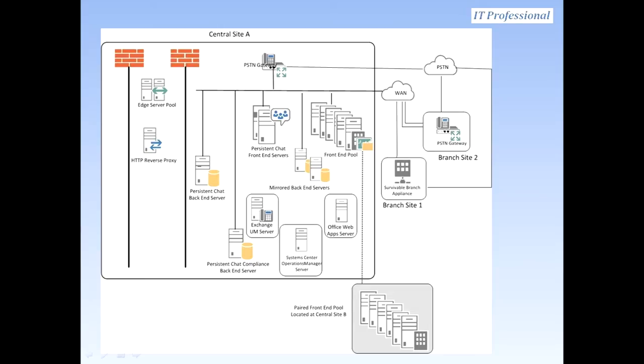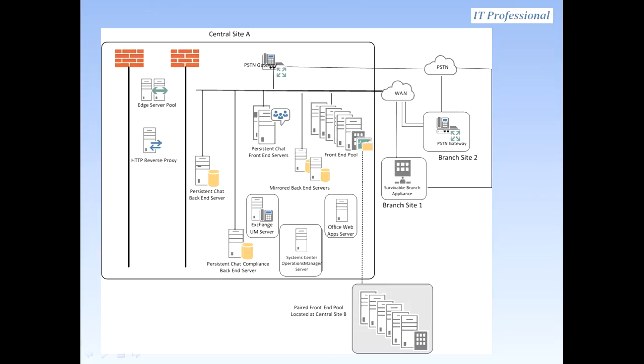You could deploy a single Office Web Apps server in one site which serves traffic from all sites, or deploy it in each site. Office Web Apps Server makes it possible for PowerPoint slides to be presented in web conferences.